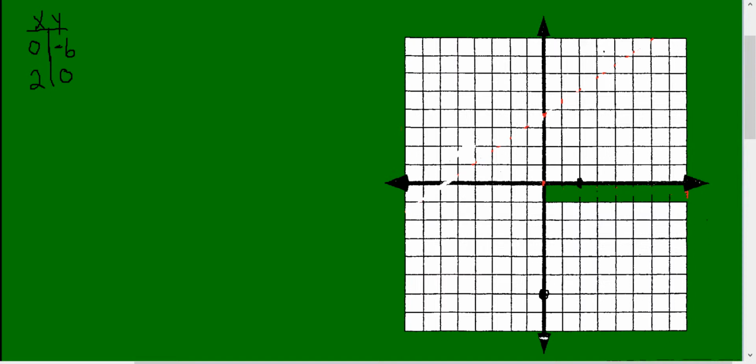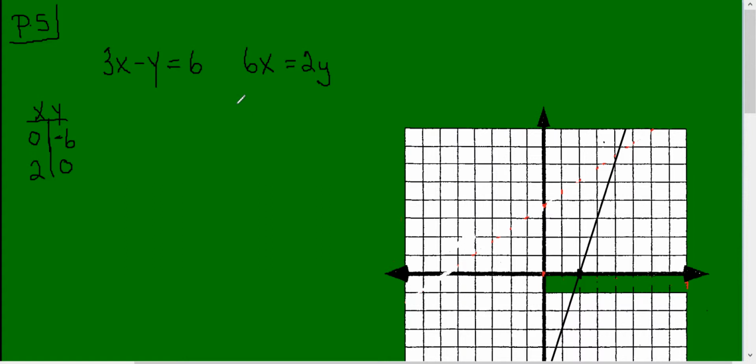Draw my line for it right away. Okay. And let's graph the next line. That would be this here. So this is done. So now I got 6x equals 2y.